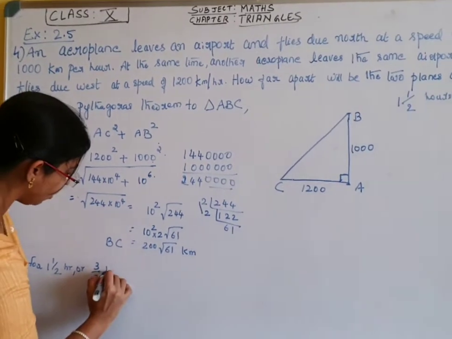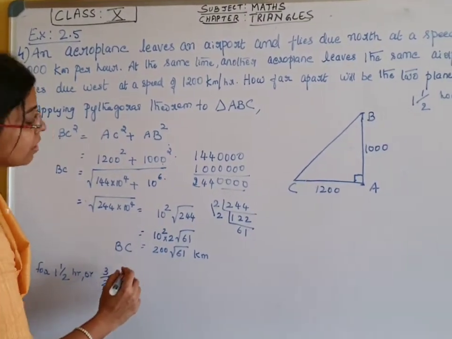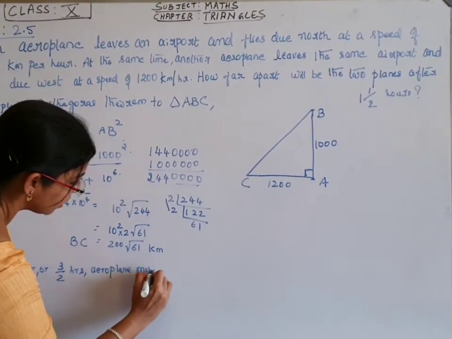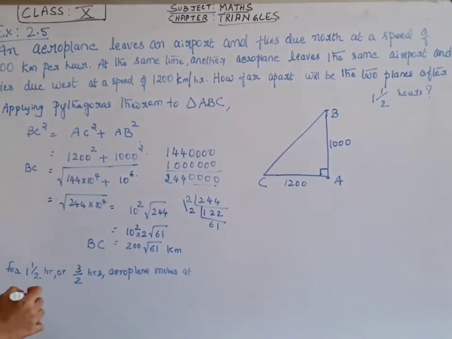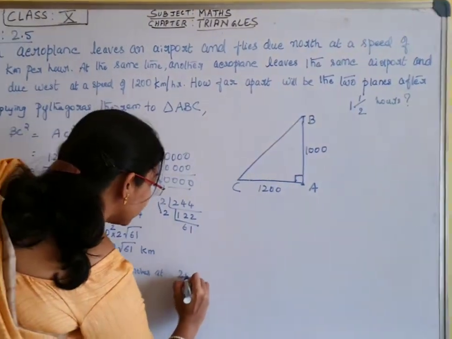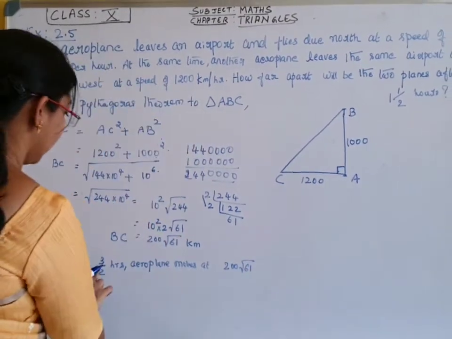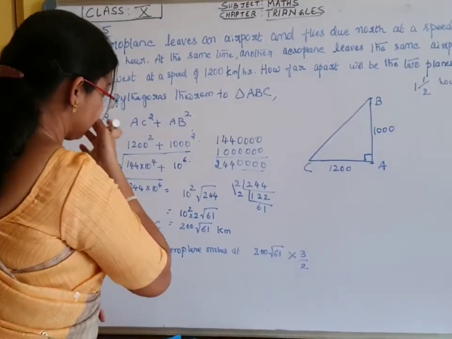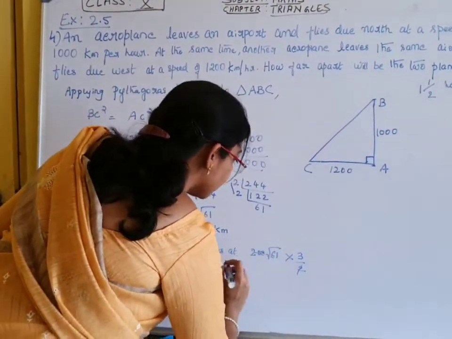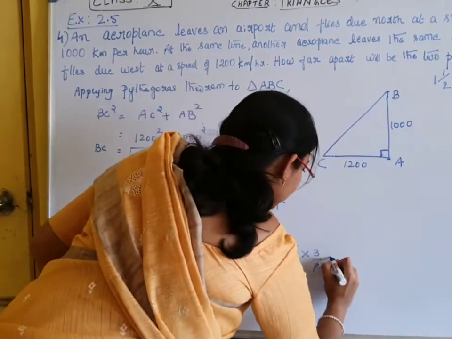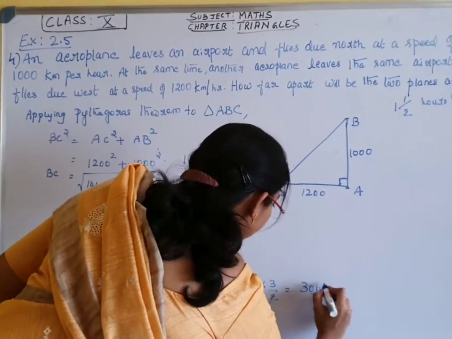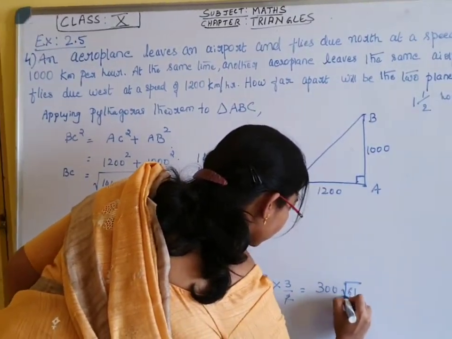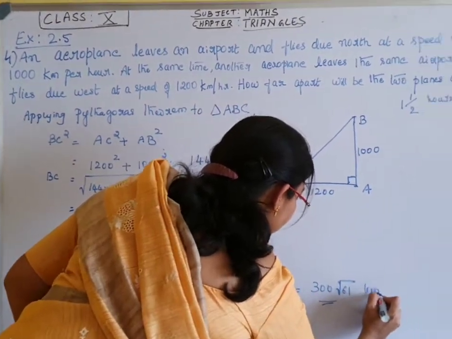In 3/2 hours the aeroplane moves 200 root 61 into 3/2, which gives you 300 root 61 kilometers.